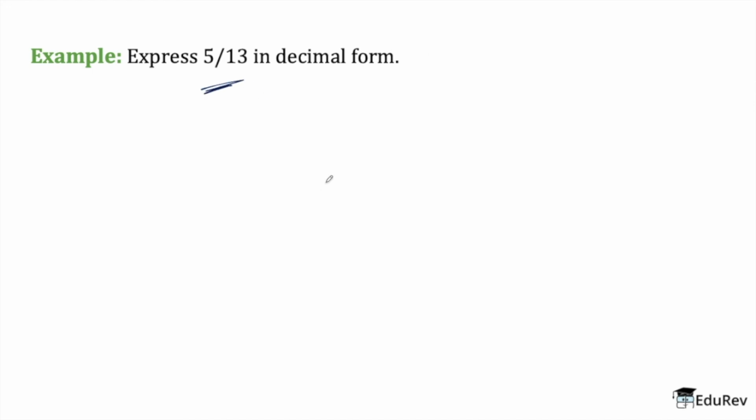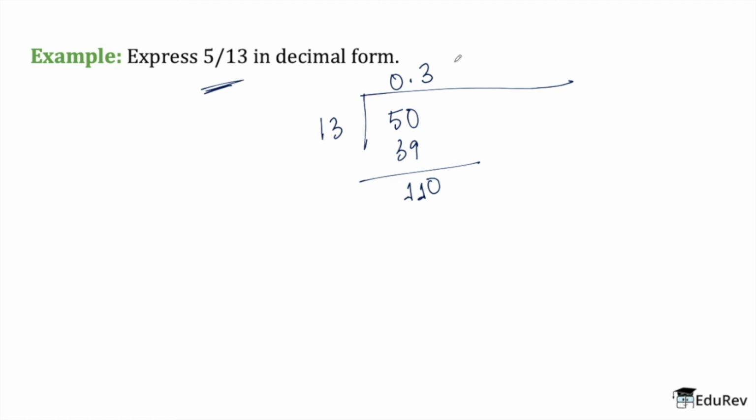Now this is also very, very simple if I need to do 5 by 13. If I'm going to do a division and solve it, it's going to be 13, 5. So I'll put a 0 point here so that there can be a 0 accommodating. So it can be 3 times 13, 39 and it will be 11. Because there is a 0, I can put a 0, then it's going to be 8.